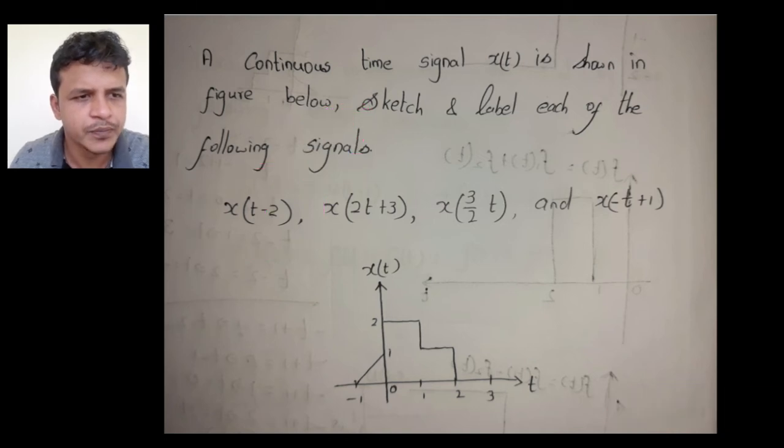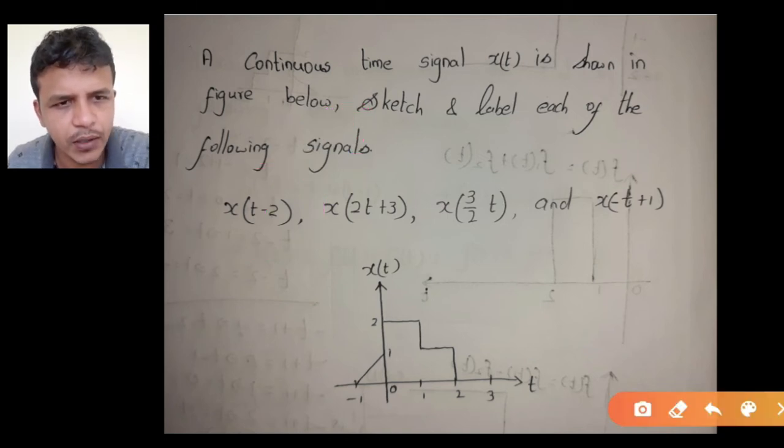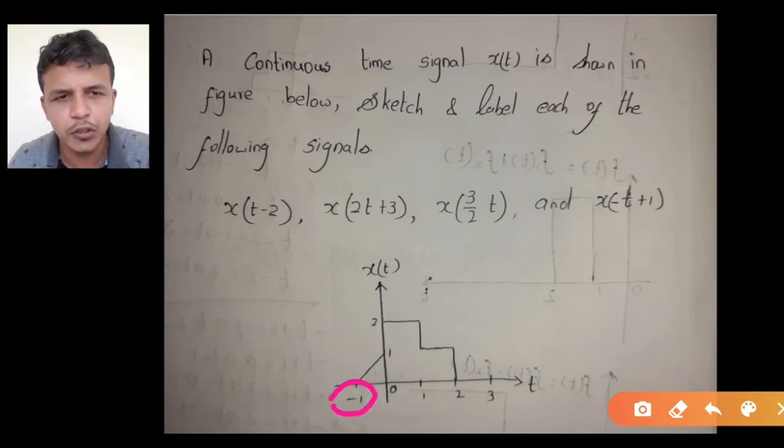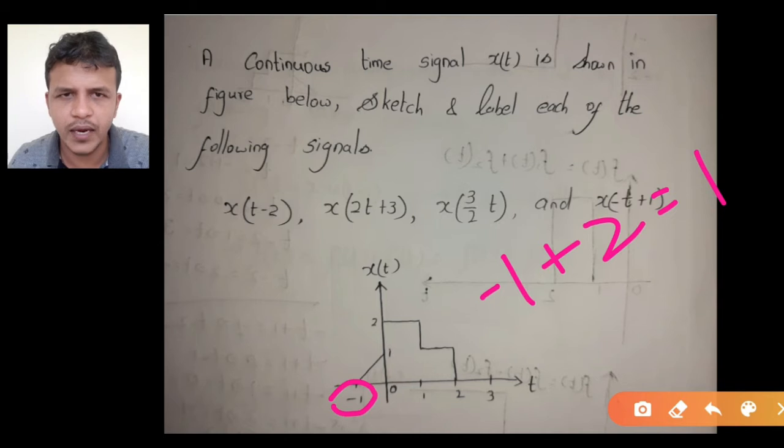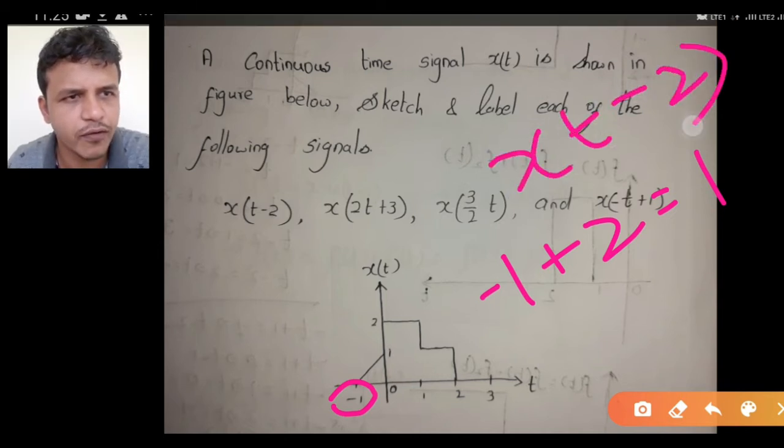That means what appears at minus 1 for x of t should appear at minus 1 plus 2, that is 1, for x of t minus 2.